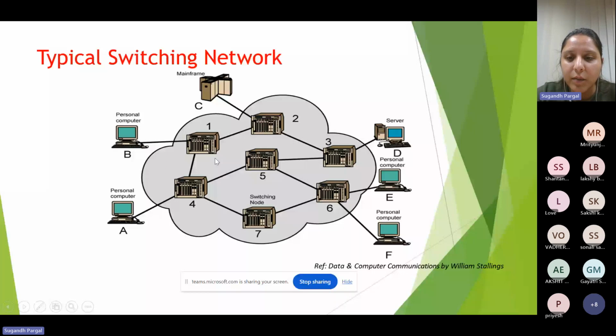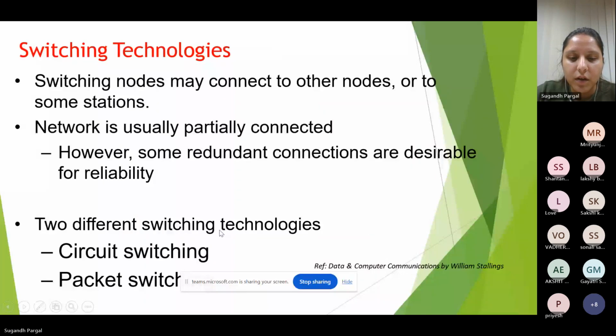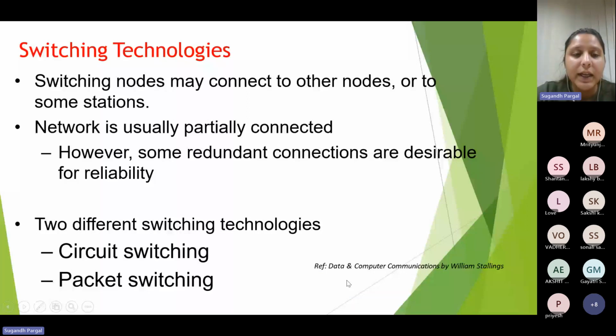As you can see, in between they have multiple nodes through which you have to hop. Switching nodes may connect to other nodes or to some other stations. The network is usually partially connected. However, some redundant connections are desirable for reliability.